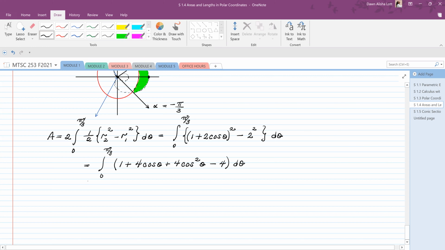We're going to do what we did before, and that ends up simplifying to the integral between 0 and pi over 3 of 4 cosine theta, plus this piece becomes 2 cosine 2 theta, and then 1 minus 3 minus 4 gives me negative 1.